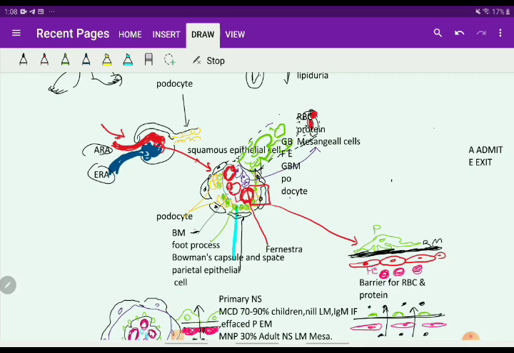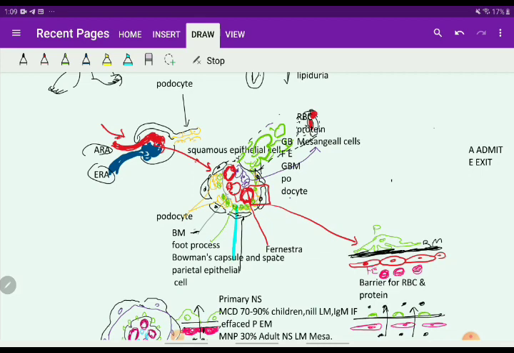The second important thing is the negative charge of the foot processes of the podocytes, labeled here as the green extensions. If protein passes through the glomerular basement membrane, it will be repelled by the negative charge and kept inside the circulation.